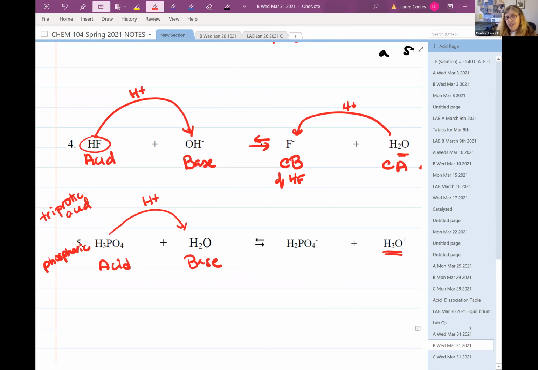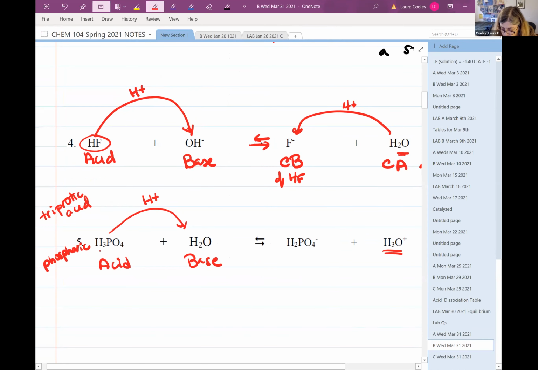All right, what about the other side of this equation? First of all, when H3PO4 loses a proton, so it loses an H, it's going to be H2PO4, but it loses an H plus, it's no longer neutral. It has a negative charge now, which is why you don't forget that negative charge there.